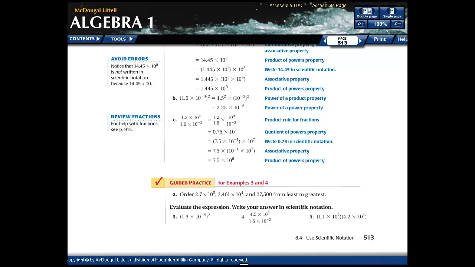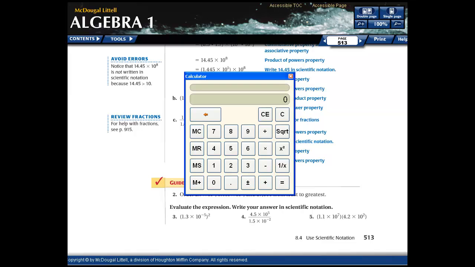Number 3, and just for calculation's sake, I'm going to go ahead and put a calculator up here. 1.3 squared. So 1.3 times 1.3 gives me 1.69 times 10 to the, raise the power to a power, I multiply, 10 to the negative 10th.